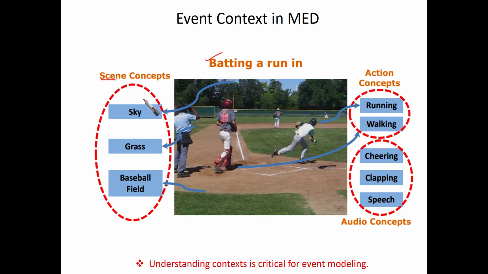We may also need to analyze action concepts, for example they are walking or running. We may also need audio analysis, audio investigation, to see whether they are cheering, clapping, or simply speech. Based on all of these things together, we can understand the event context. So understanding context in multimedia event detection is very vital.